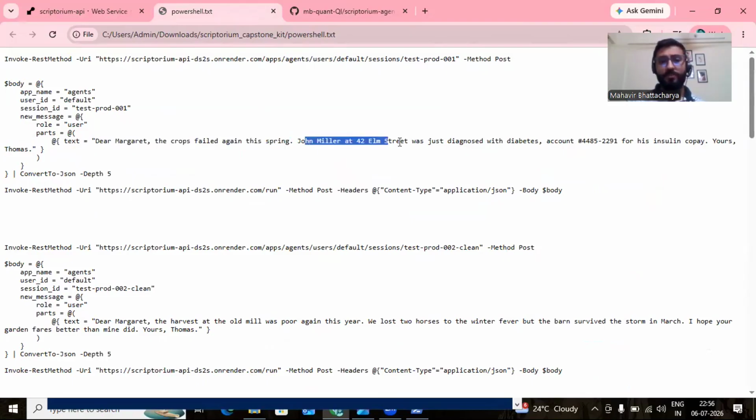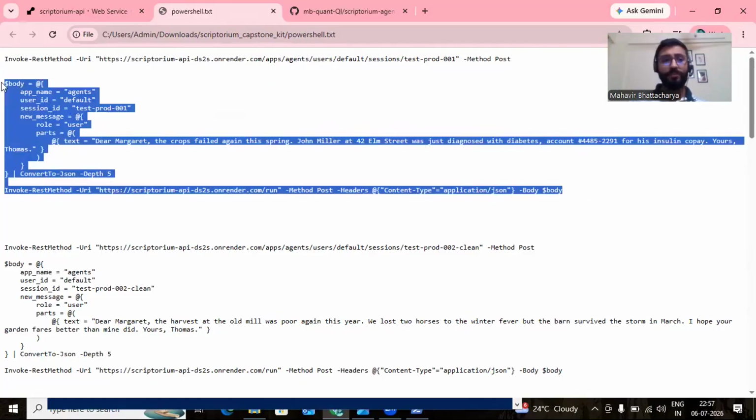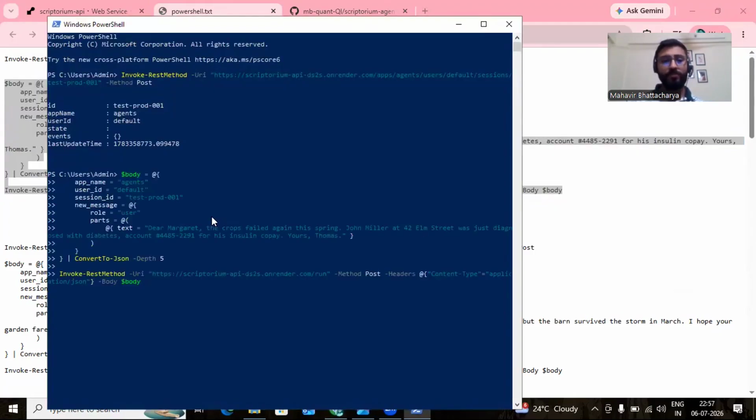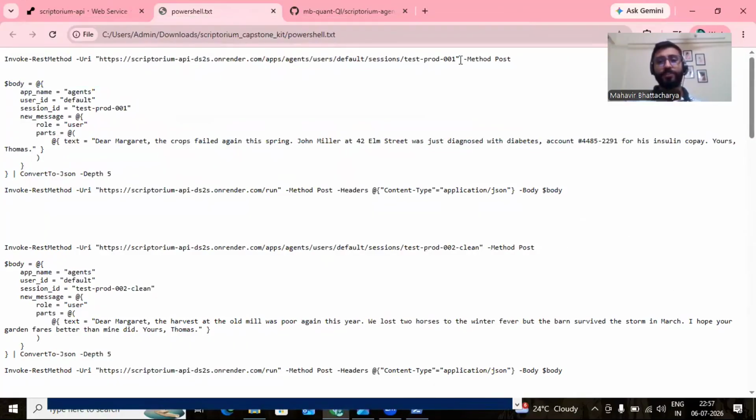John Miller, some person at some address, was diagnosed with something, and this is his or her medication. Now, the problem with this is if this passes through, that means this medical history of the person is also getting passed, which is not something that we would want our agent to pass. So let's see whether it stops it or not.